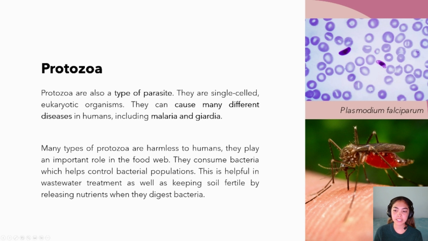Now, this mosquito is a particular type. This is an Anopheles mosquito. The reason why I've chosen a picture of the Anopheles mosquito is because it holds a very specific protozoa. This one is the Plasmodium falciparum protozoa or parasite, and this is the protozoa that causes malaria.